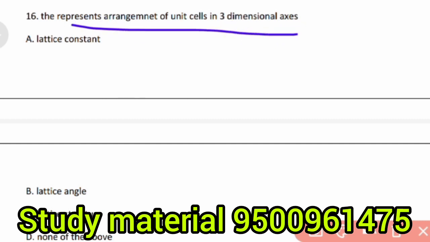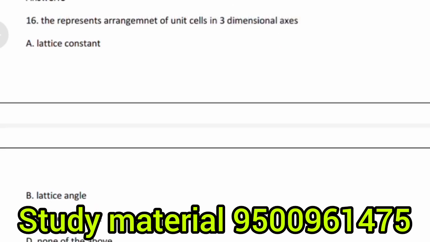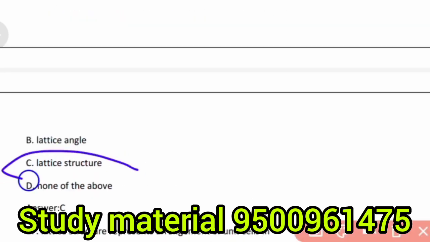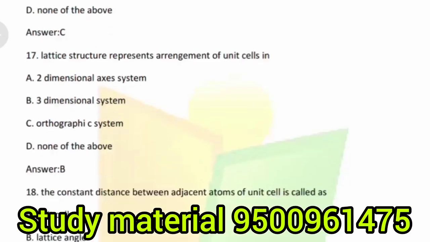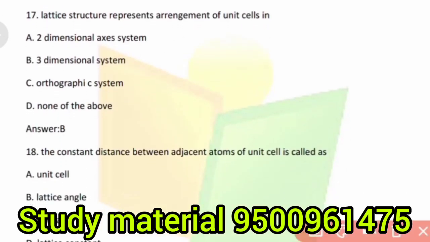The lattice structure represents the arrangement of unit cells in the three-dimensional axis. Option C, lattice structure. Lattice structure represents the arrangement of unit cells in a three-dimensional system.